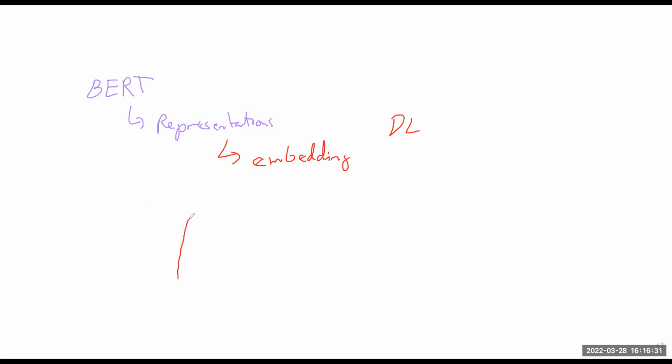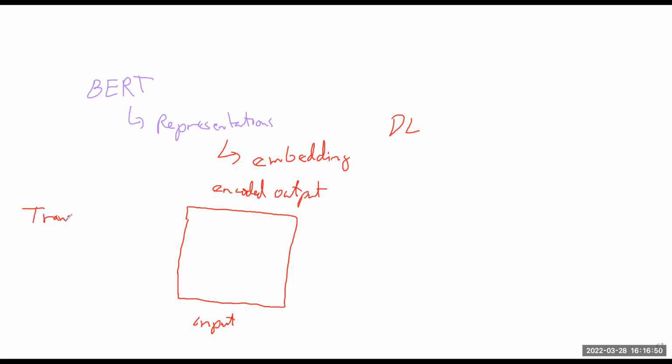Really, you have an architecture like this, where you have an input and then you have an encoded output. Remember, it's still a transformer inside, which basically means it's got attention, as we described in that previous video, and the other components, just no decoder.